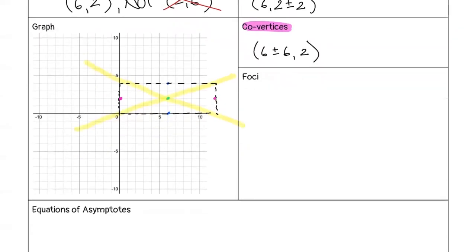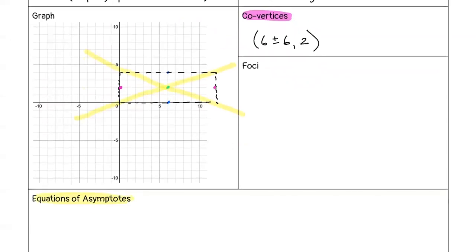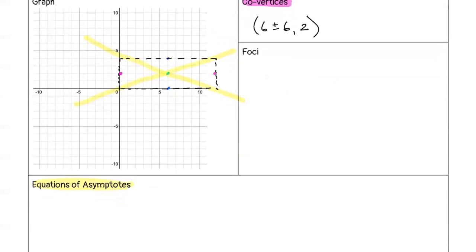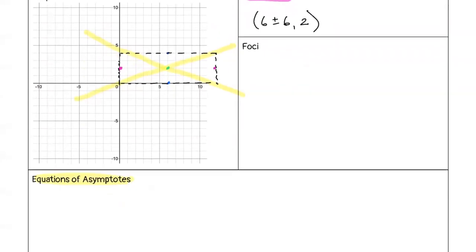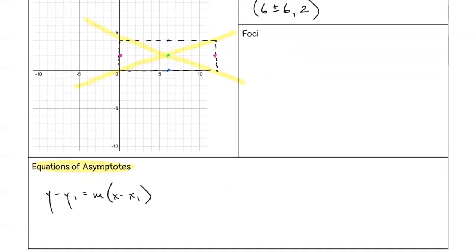All right, so these equations, let's actually write those equations right now. Okay, so I know I want to use this point slope form. In particular, I want to use my center as the x1, y1.